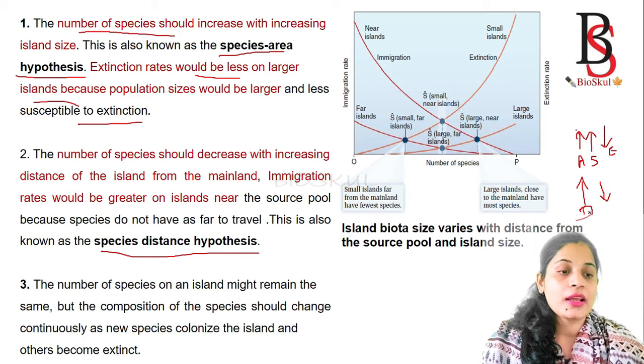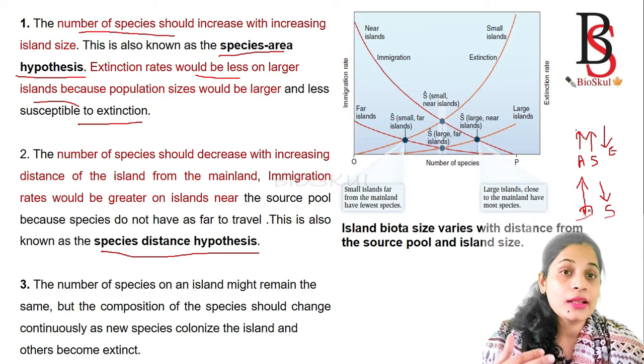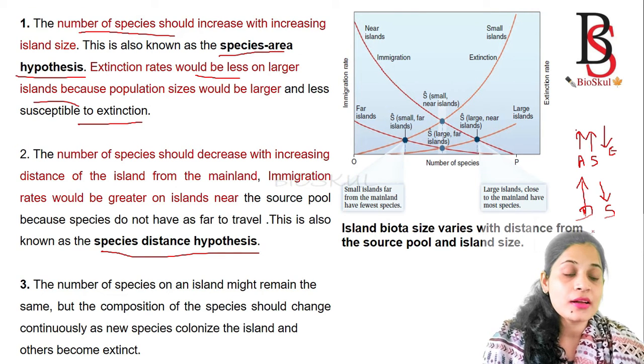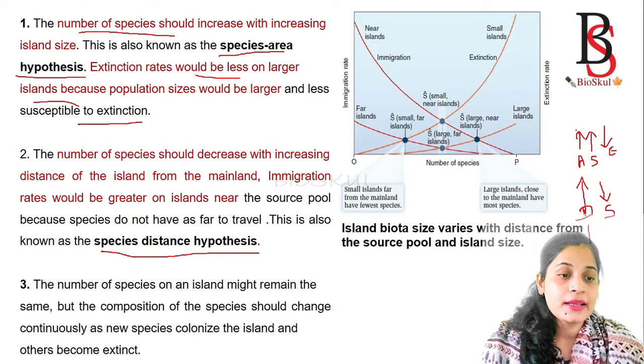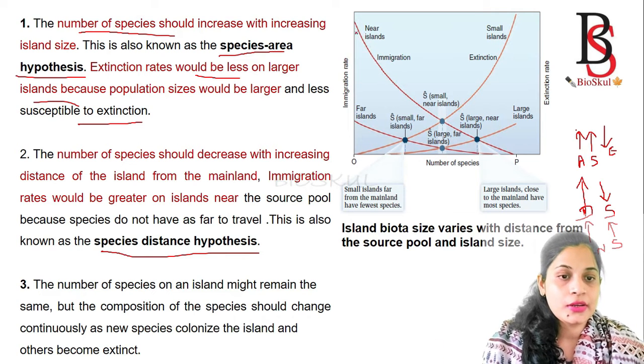Never. If the distance between the mainland and island is far, the number of species decreases. On the other hand, if the island is nearer to the mainland, then the number of species on that island will increase.